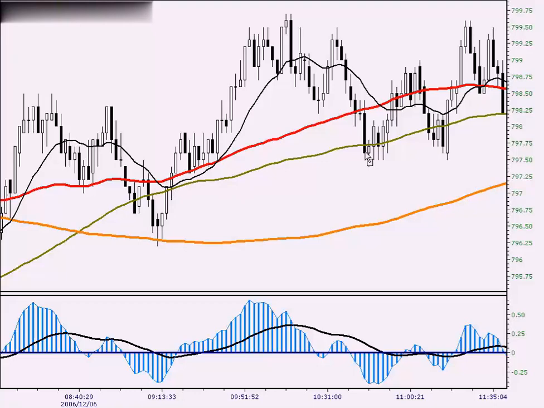The gold one is the 100 simple, the red one is the 50 simple, and the black one is the 15 exponential moving average. We're not going to review those, but now you know what the colors are. We'll bring our cycle indicator back up later, but right now I don't want too much on the chart. I want to focus on the momentum indicator.